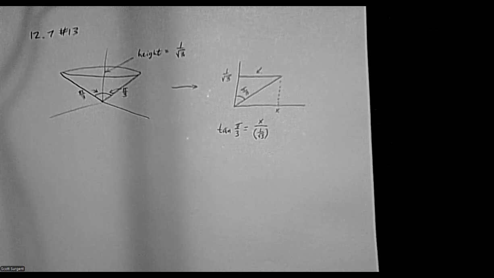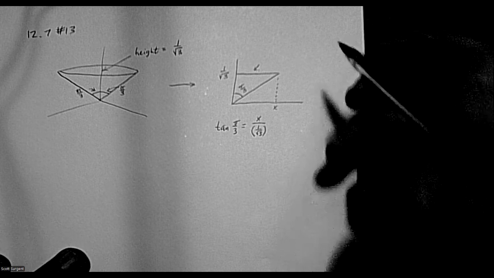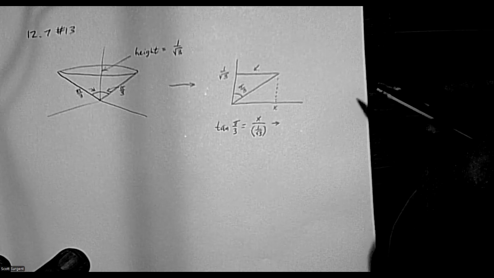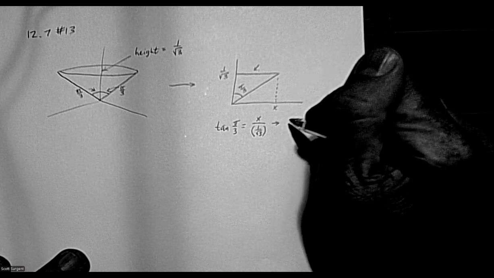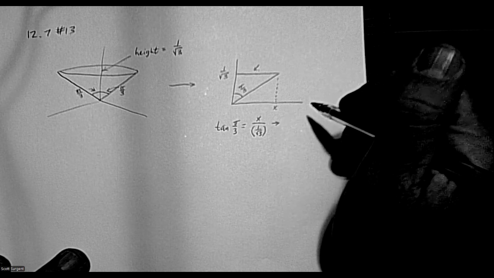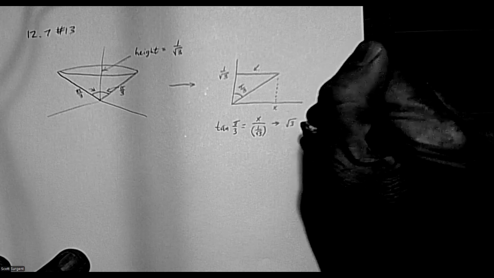At any point, stop me if you have any questions. This is kind of the big leap right here. Once I got this, the rest of it just kind of falls into place. Now, tan of pi over 3, does everybody remember what that one is? That's going to be rad 3. I have to kind of go through that myself too. Yeah, it's going to be radical 3.